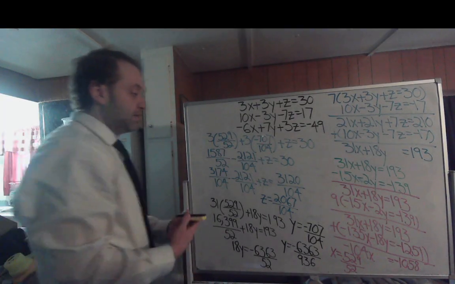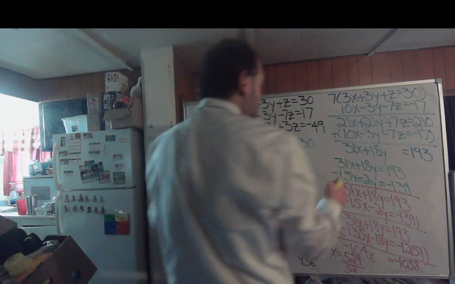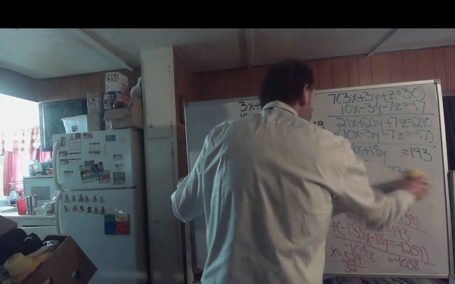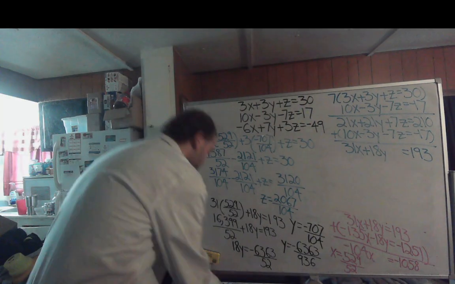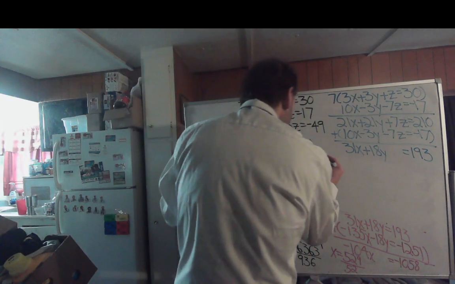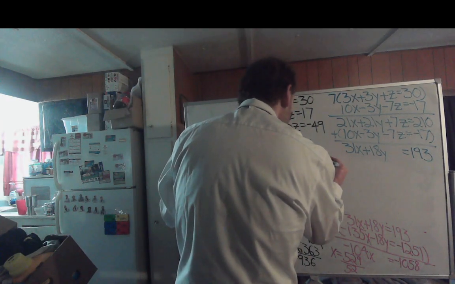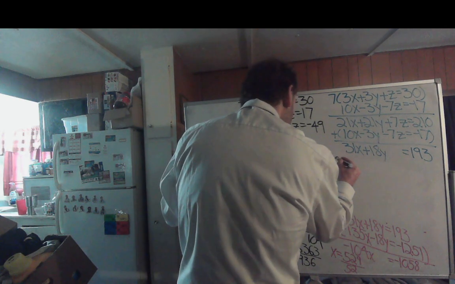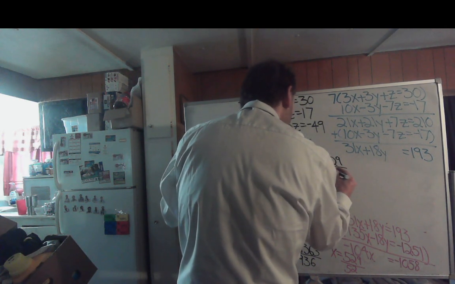Let me go ahead and erase some work over here too, so I can write the ordered pair at the very least. Or the ordered triple, I should say. So your x-coordinate is going to be the awful 529 over 52.